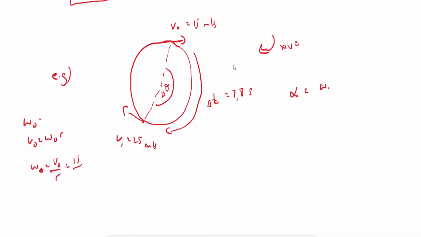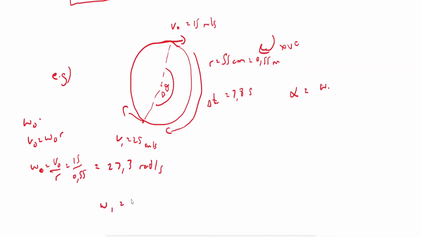Now let's just give you the radius. So let's just say r is 55 centimeters, which is 0.55 meters. So this is going to be 15 over 0.55, which is just going to be 27.3 radians per second.